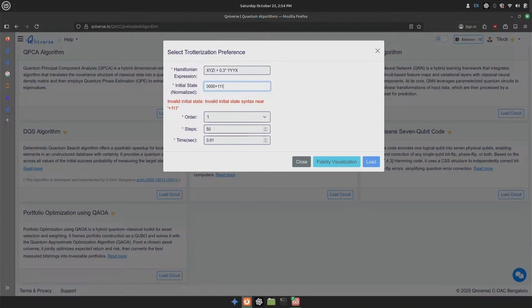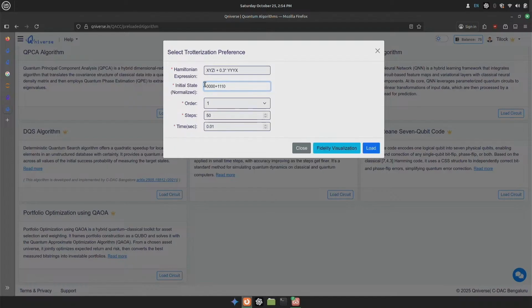The number of qubits that I'm choosing for the initial state as well as my Hamiltonian should match. Why? Because the number of qubits of the system should remain consistent throughout whatever calculations we are doing.